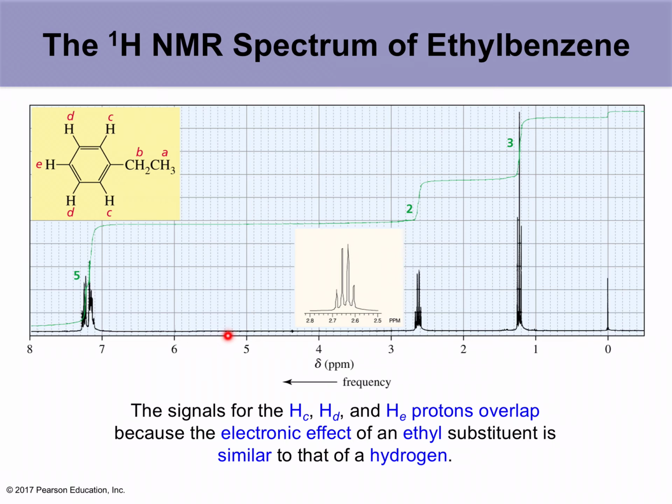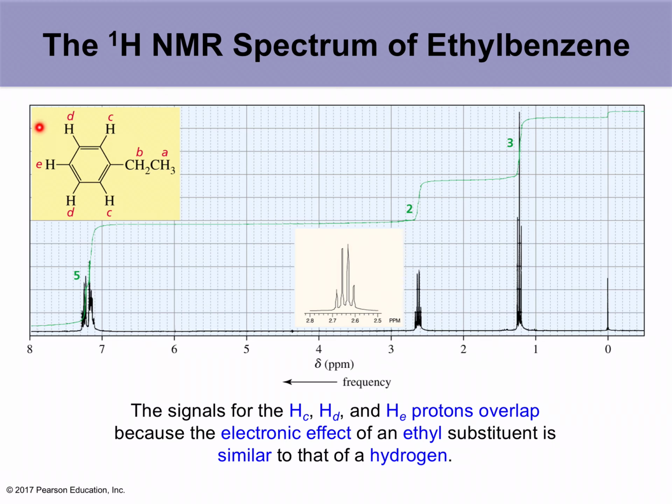The proton NMR spectrum of ethyl benzene. We can identify how many different carbons here. There is a methyl group, 3 hydrogens, and then you have 2 hydrogens here. They are outside the benzene ring, so they would be more upfield, meaning closer to 0.